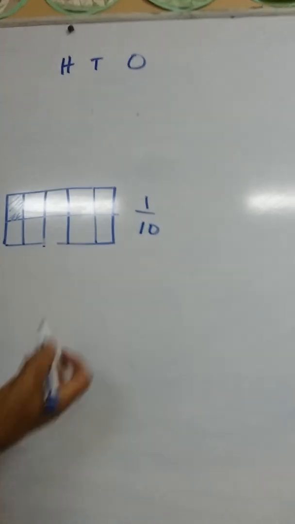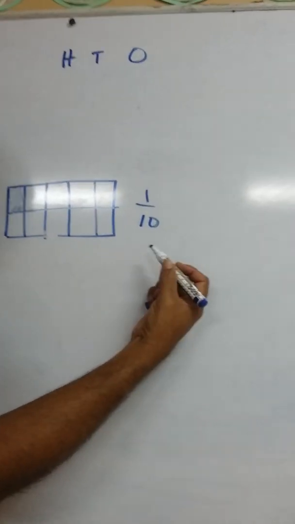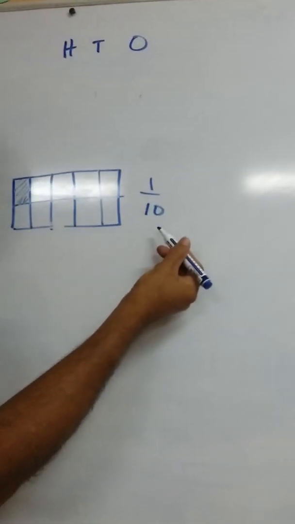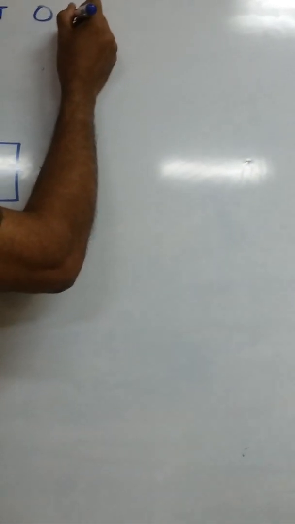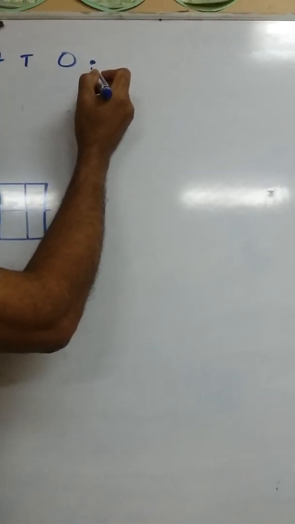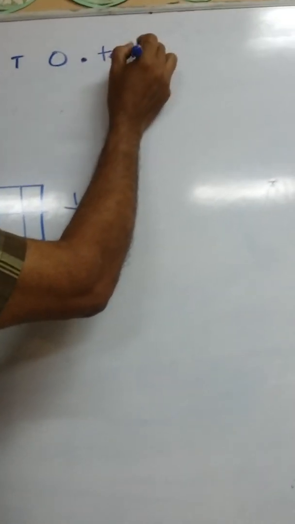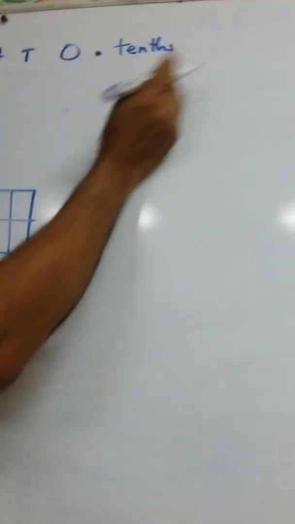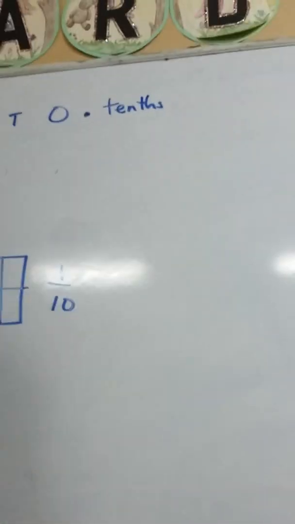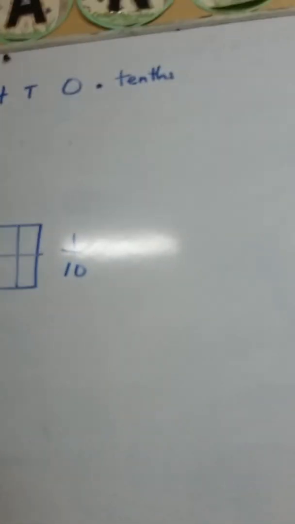So for fractions based on tenths, there is a new column that exists right here. There's a point, and then there's a new column here called tenths. And the tenths column is there so that we can represent our fractions.